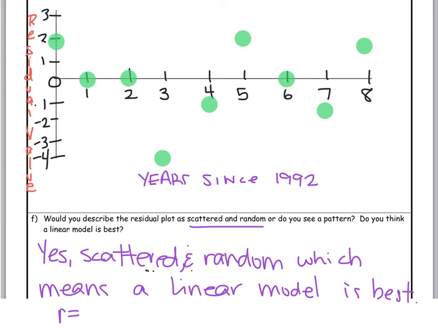Our correlation coefficient was 0.984, and so that's a strong positive correlation. The residual points or plots were random and scattered, and that also means a strong linear model. So then we did this correctly. And this is just another way to prove or substantiate or reinforce the fact that a linear model is best for this set of data.